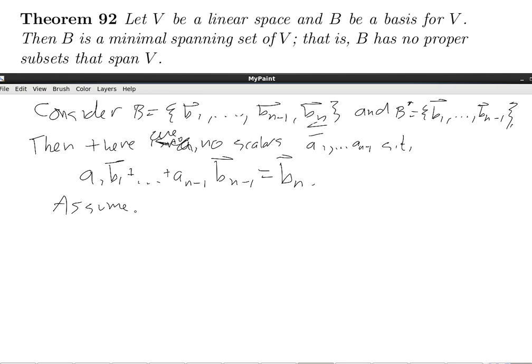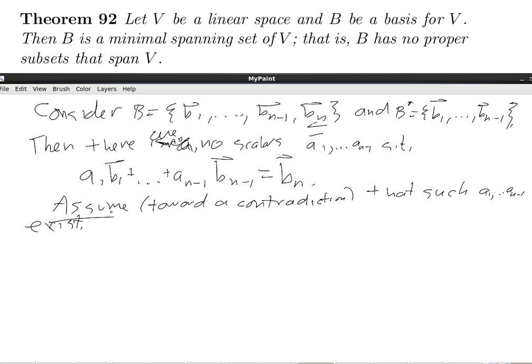Assume toward a contradiction. I'm going to assume that such A1 through An minus 1 exist. And what I'm going to get is something that's nonsense. When I get something that's nonsense, that means I must have made a bad assumption. The only assumption I'm making here is this assumption.